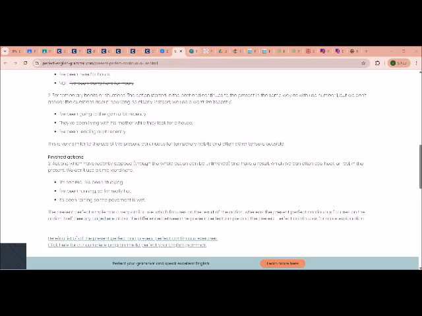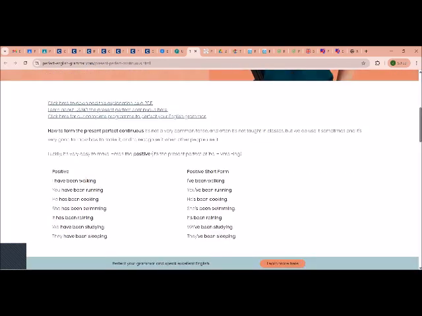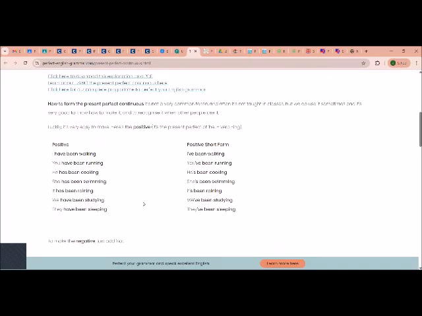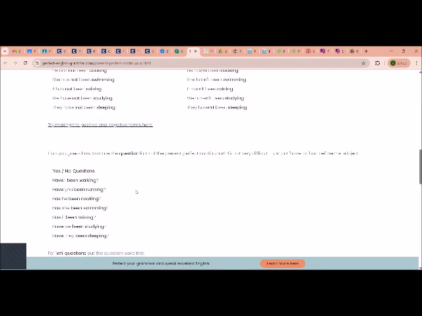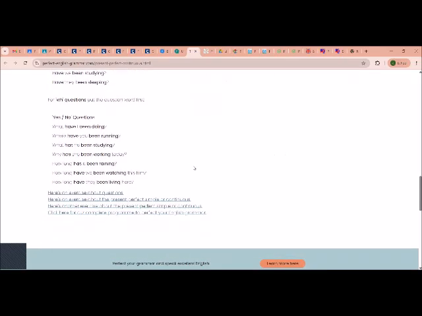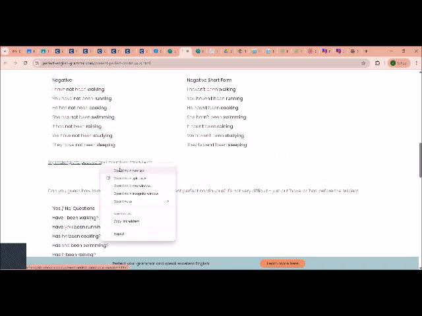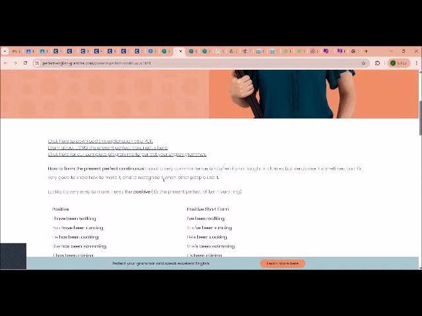Now, it's important for us to be able to take advantage of this ing even though we're in the perfect tense, right? So here are some more examples, and we're going to pause here and do some exercises. Let's do the one with the questions. And we'll also practice with negative and positive.